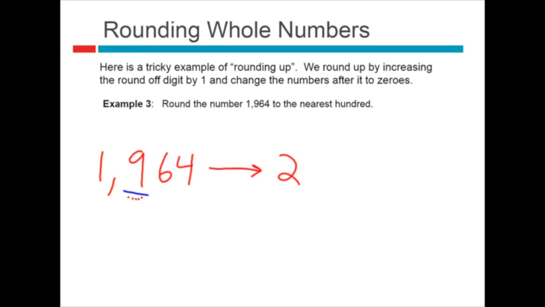Because again, the 900s, when we add one more 100, we get 1,000. So we bumped up the thousands digit, and now we have no more hundreds digits left. And just like before, we're going to change the digits after it both to zeros. So our number 1,964 rounded to the nearest hundreds place becomes 2,000.